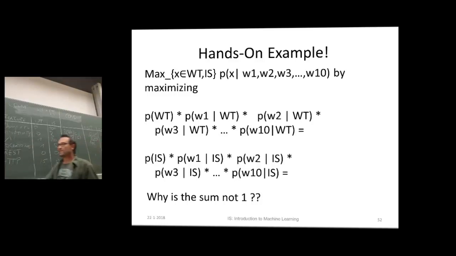So this is now the training data that we get, and now the question is: is he an intelligent systems person or a web technology person? And how do we calculate that?